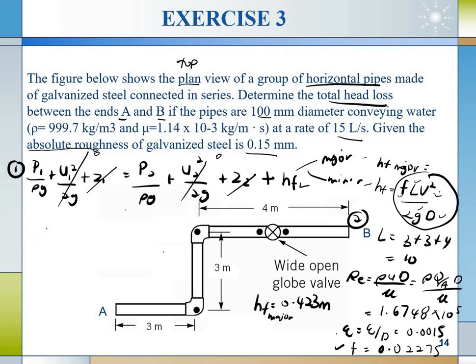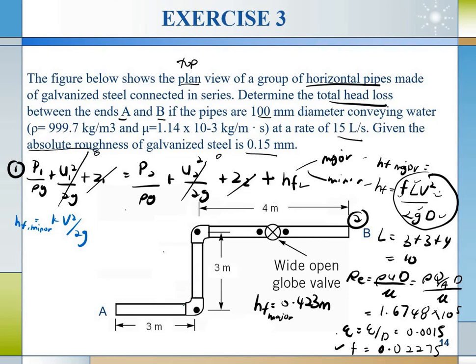To calculate the minor losses, we use the formula K V squared over 2G. Okay.